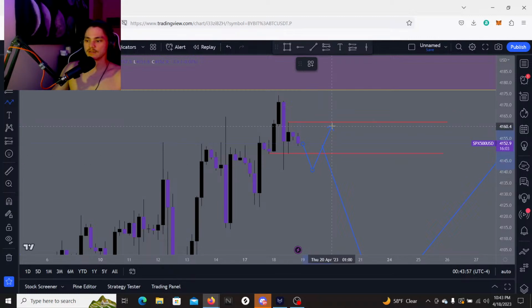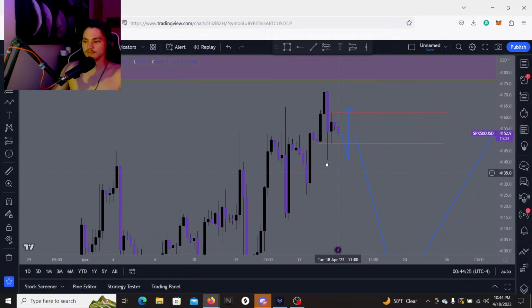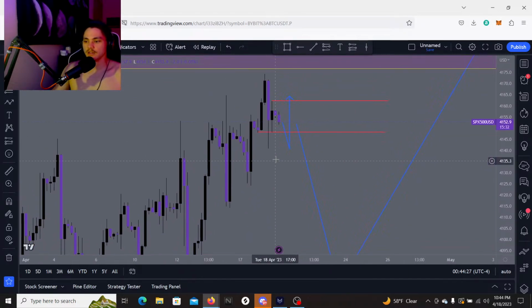And then when we get into market open tomorrow, right here, if we can close right there above this, we're definitely coming up. This is going to be a break of structure. If we sweep liquidity especially and then come up, oh yeah. That's powerful stuff.